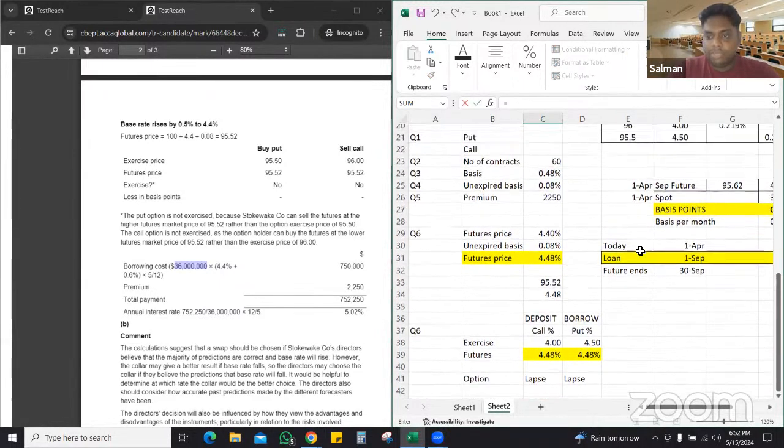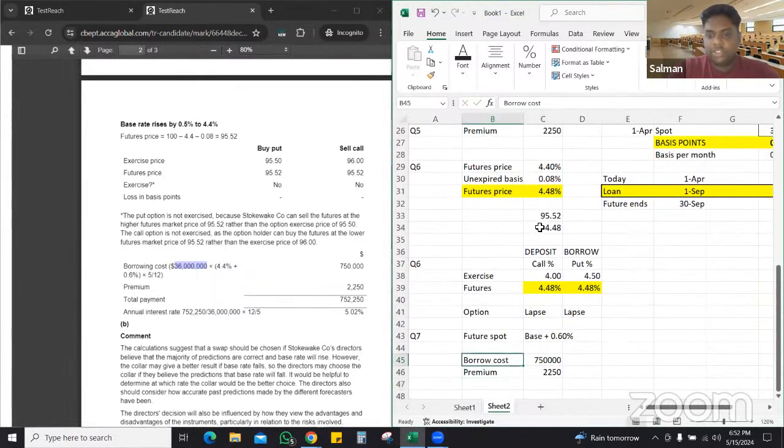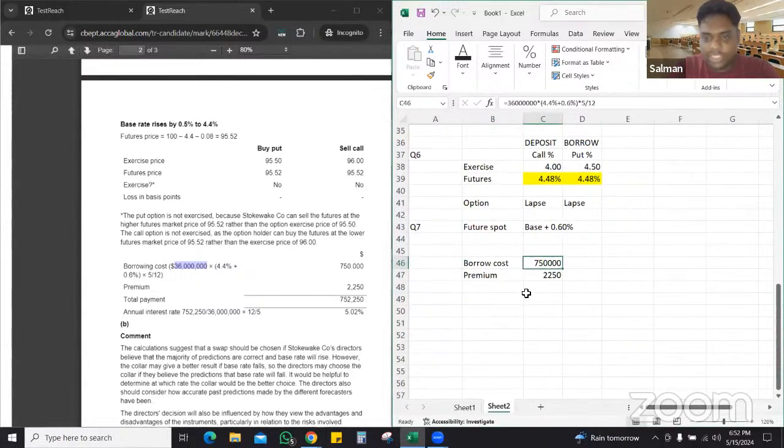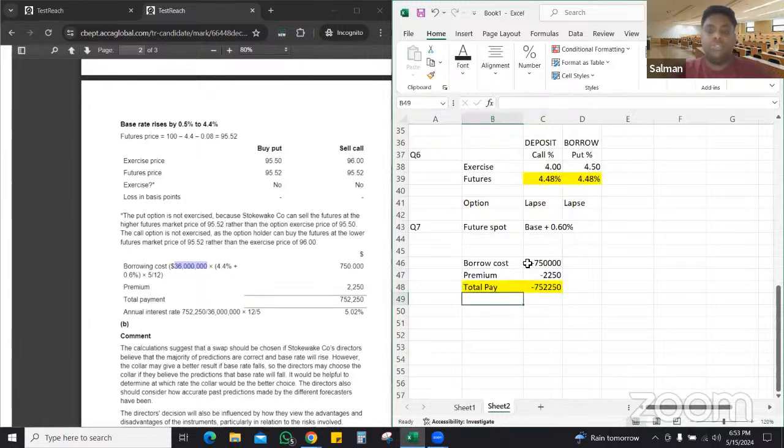How much have we paid as premium? 250. So keep in mind all of these expenses. Your borrowing cost is also an expense, interest expense. Premium is also an expense. So what's your total pay? 752,250.